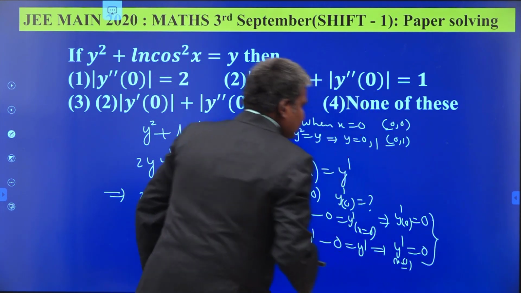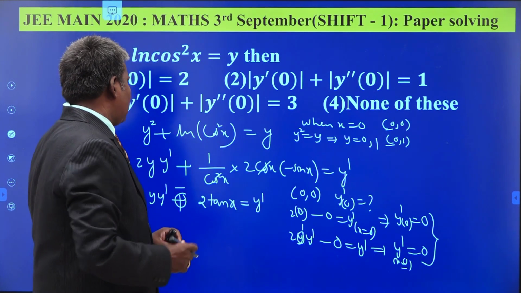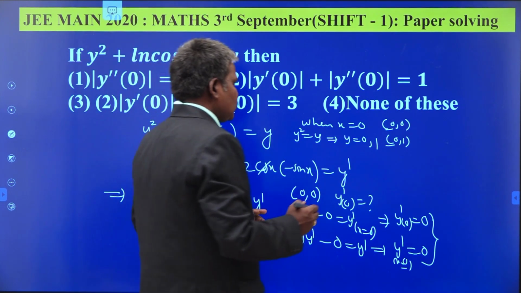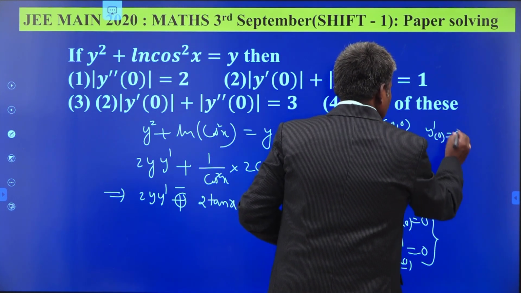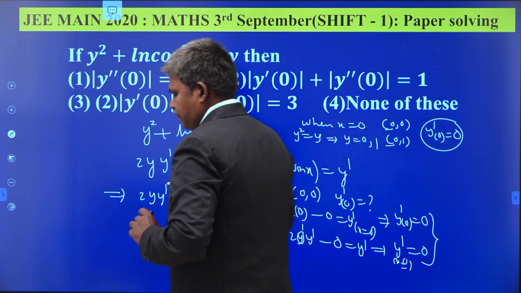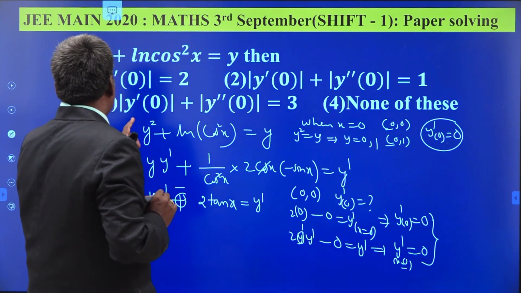In both the cases, we have y dash at x equal to 0 is 0. Keep one side. Now we have to find out which option is correct.